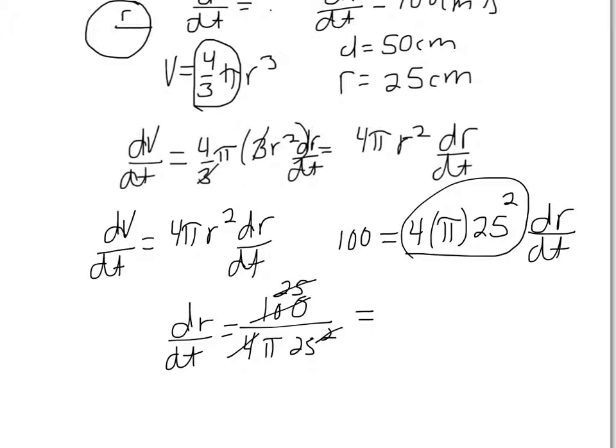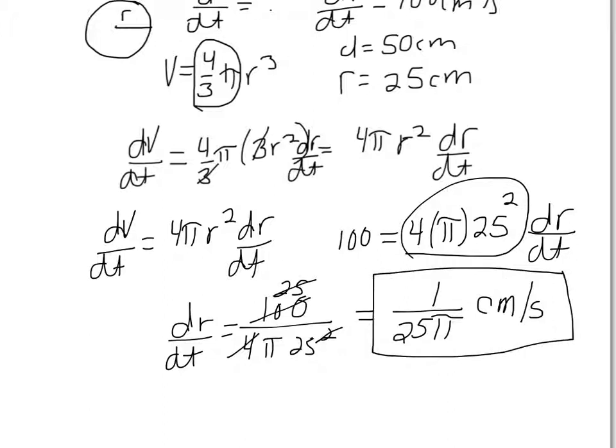So for our final answer, dr/dt is going to be 1 over 25 pi. And if you want to know that approximation, you can go ahead and plug that into a calculator. But I do want to label this. This is the radius, so it would make sense that its label would be centimeters per second. Because if we knew it was in centimeters from our volume rate, we know that radius is one-dimensional, so it'll be centimeters per second.